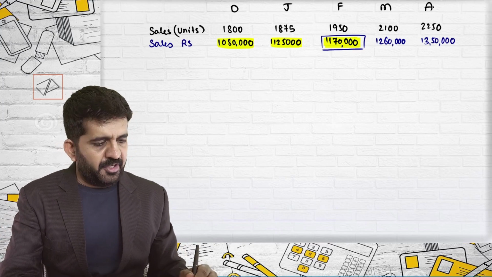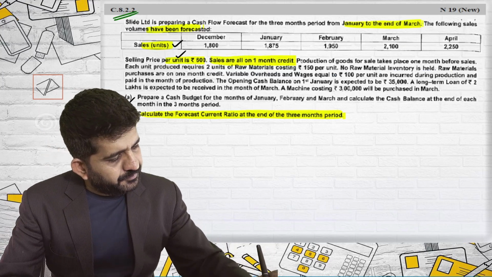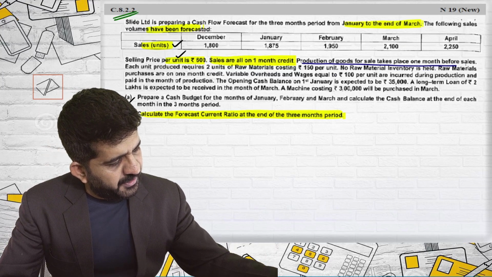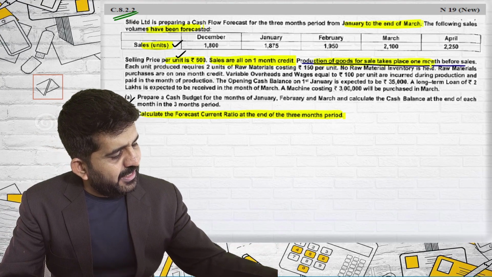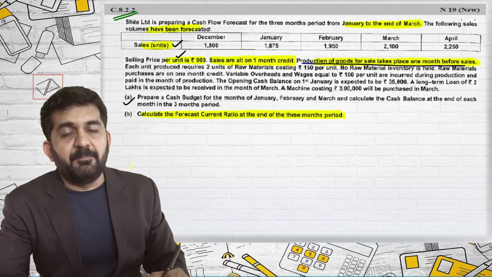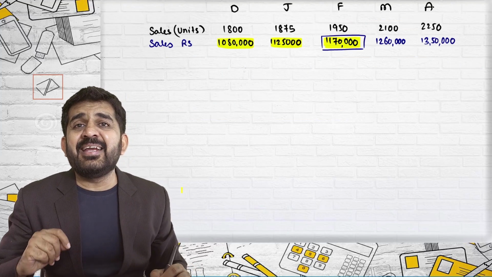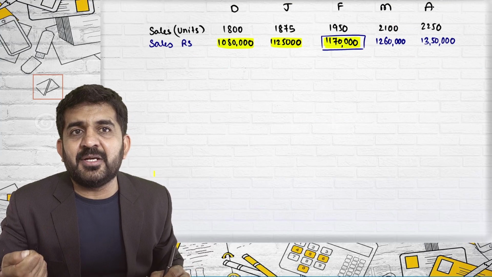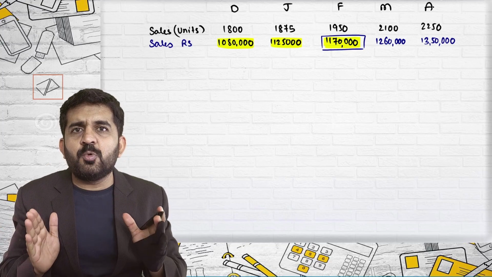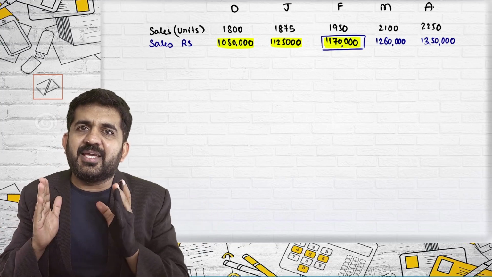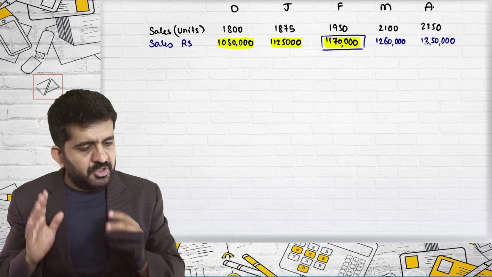Now there is an interesting point, try to concentrate about production. Production of the goods for sale takes place 1 month before sales. So please understand, 1800 units of December sales will be manufactured in November. Whatever you are going to sell in January, you will make in December. Whatever you are going to sell in February, you will manufacture in January.